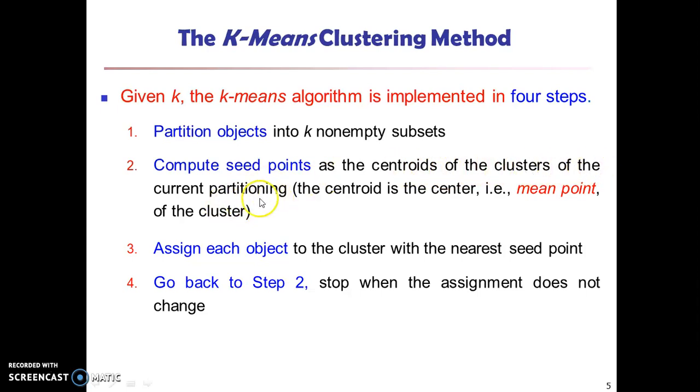Okay. And the third one, assign each object to the cluster with the nearest seed point. And fourth one, go back to step 2. Stop when the assignment does not change. Okay. These are all the 4 steps we need to remember when you go for implementation of K-means clustering algorithms.